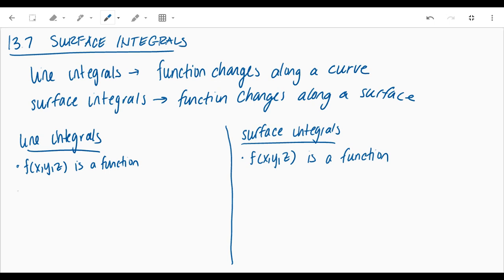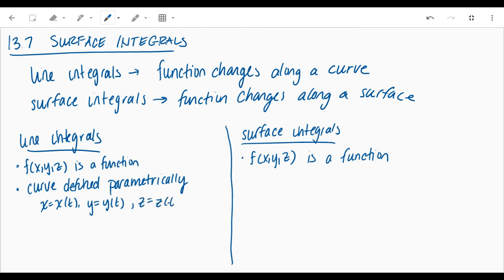With line integrals, we had a curve defined. I think we did it parametrically mostly, where x is some function of t, y is some function of t, and z is some function of t.